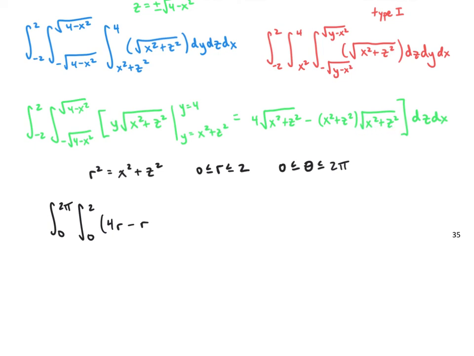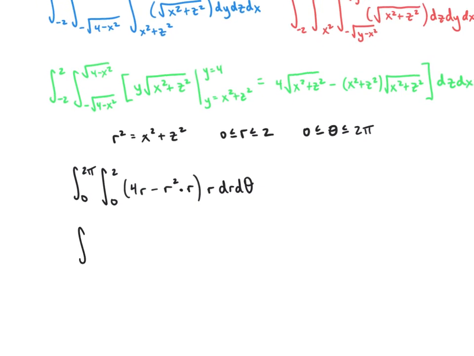So I have r squared times r to the first. Now remember, don't forget, you got to add an r and then dr d theta. I'm going to rewrite this and simplify before we analyze it. So I have 0 to 2 pi, 0 to 2, 4r squared minus r to the fourth dr d theta.